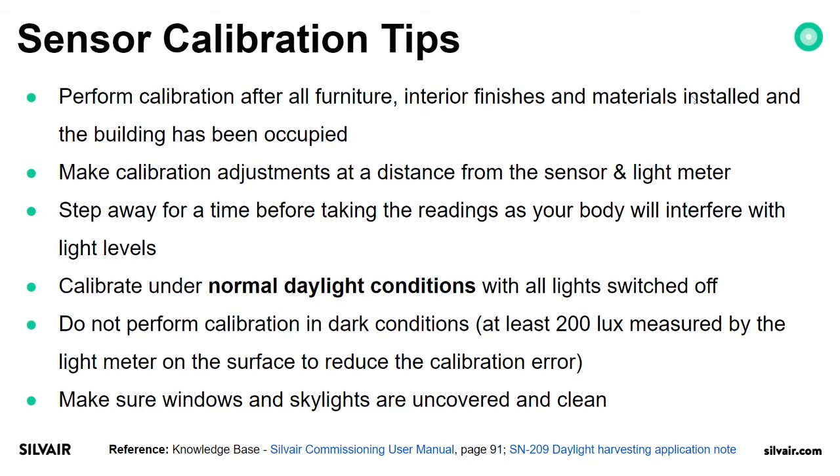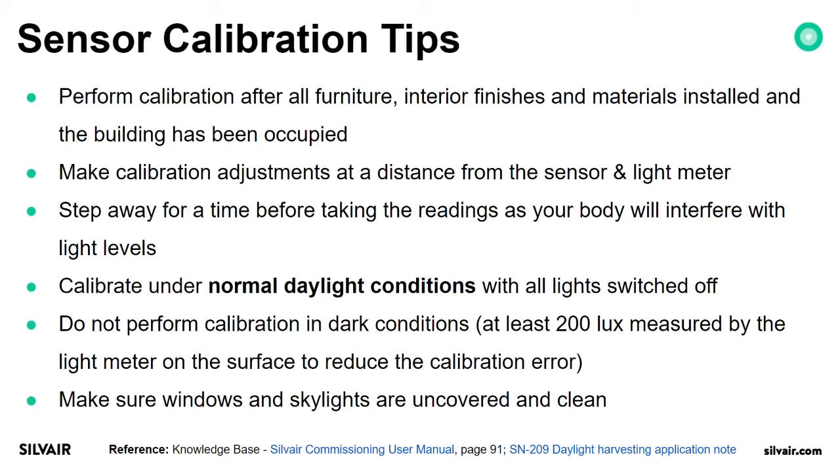So make calibration adjustments at a distance from the sensor and luminaire so that you do not interfere with the lightness beneath the sensor. Calibrate under normal daylight conditions with all lights switched off.